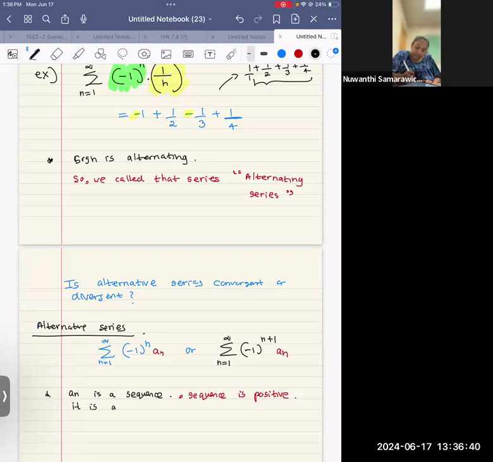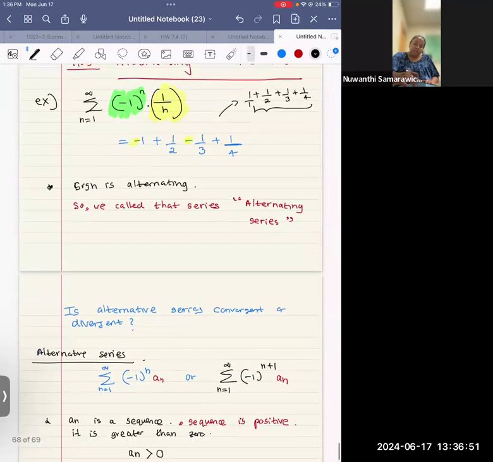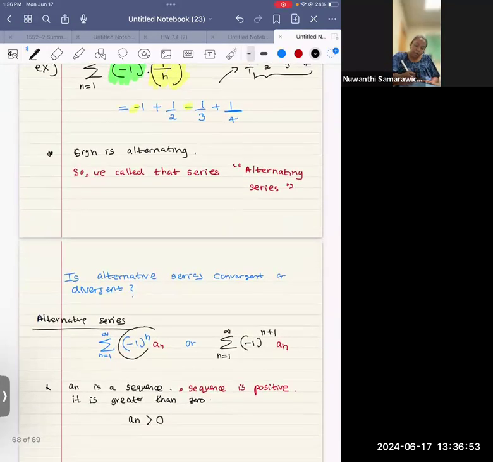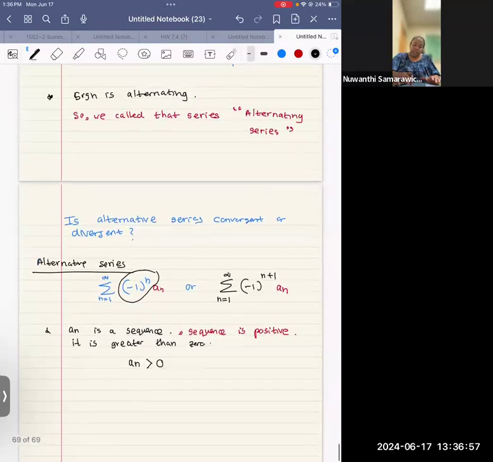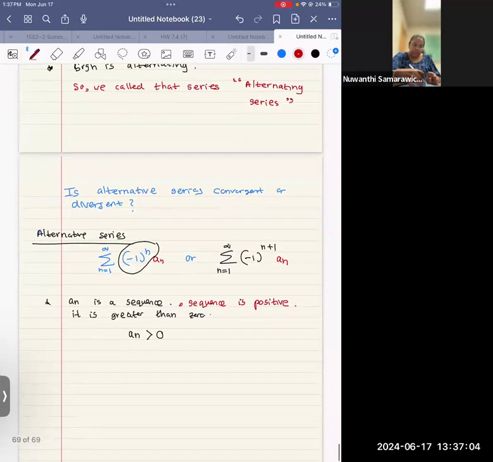It is greater than 0. a sub n should be greater than 0, because only from this part the sign differs, but other than that, your a sub n should be a positive one.